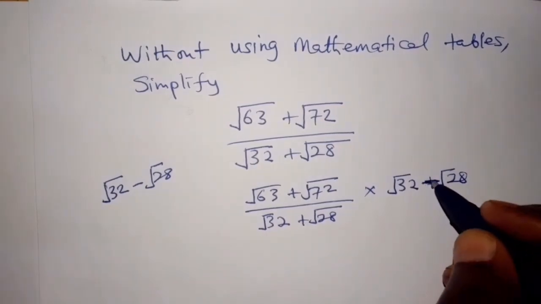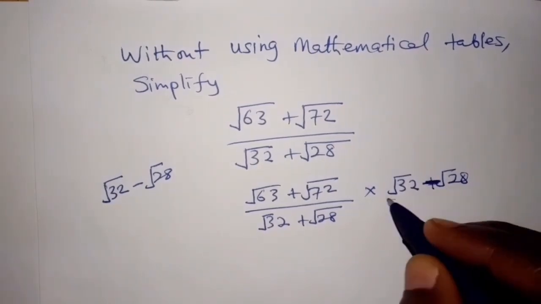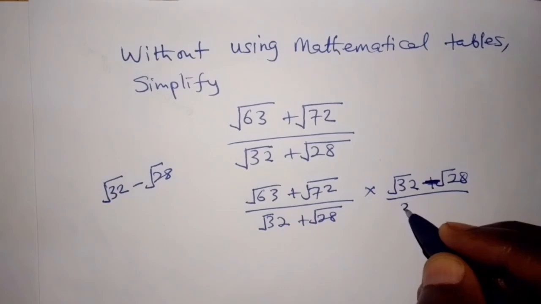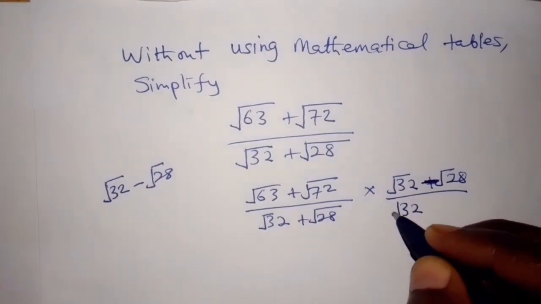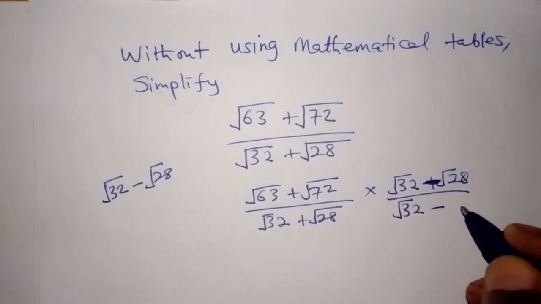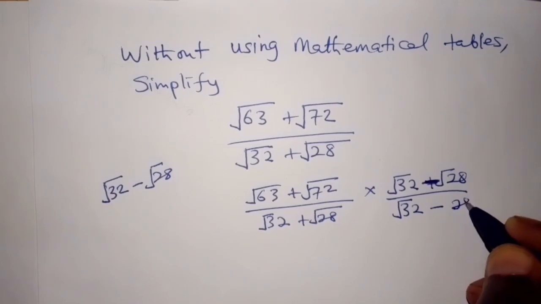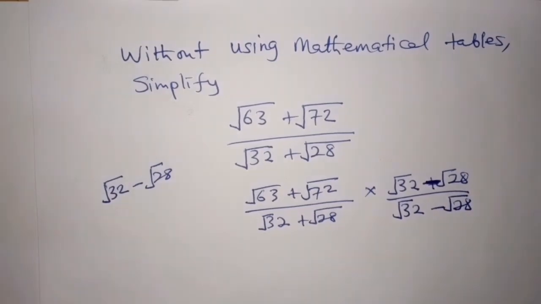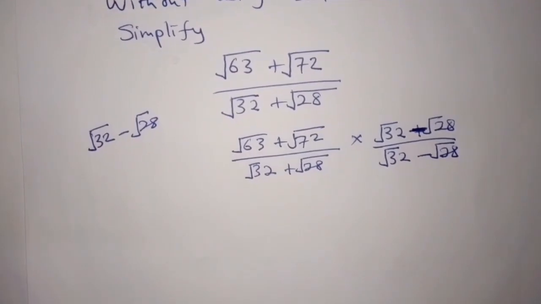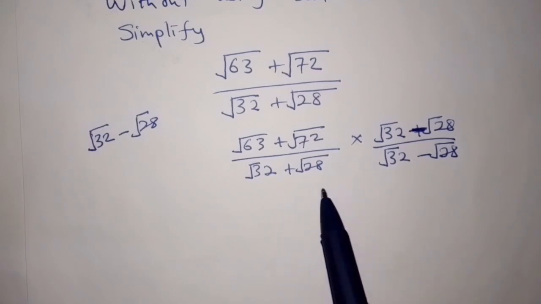This is the conjugate, over the square root of 32 minus the square root of 28. So from here we are going to use the difference of squares formula in solving this problem.